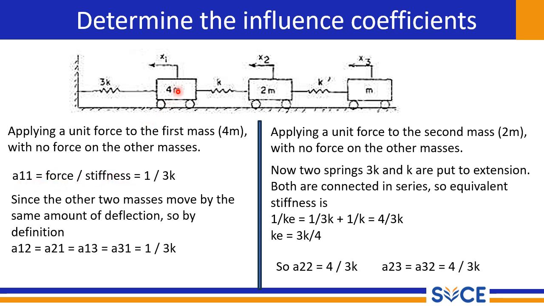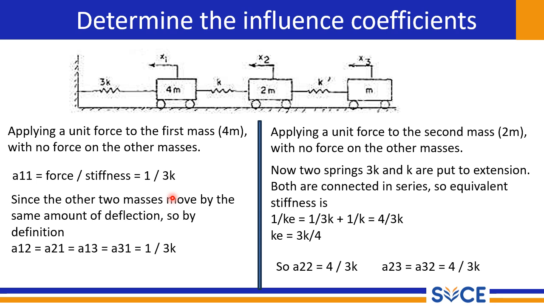The spring connected to the 4m mass is going to be disturbed, so we get simply force divided by the stiffness corresponding to the 4m mass, which is 3k. Force is already unit force, so 1 by 3k is A11, the influence coefficient.